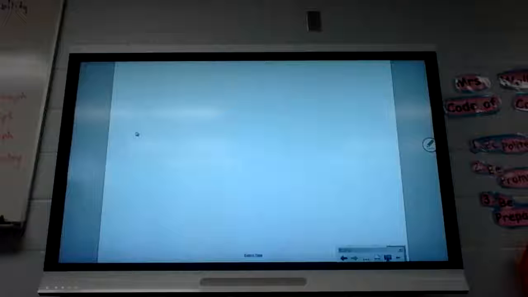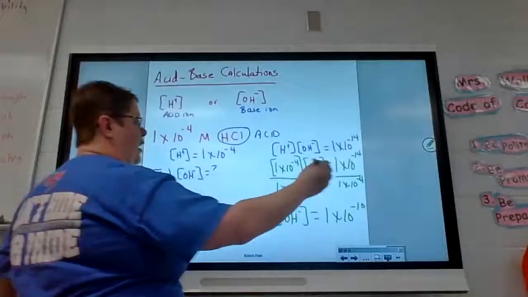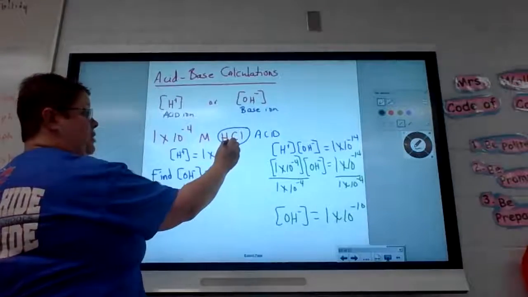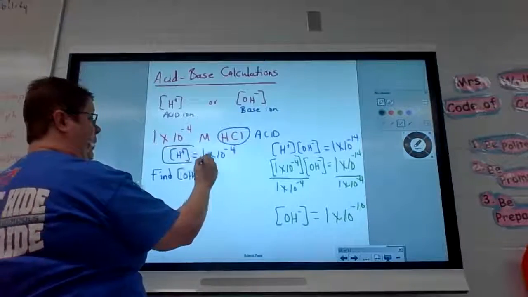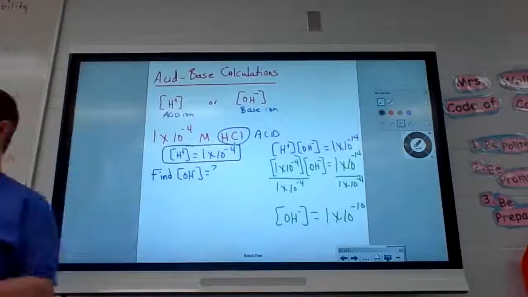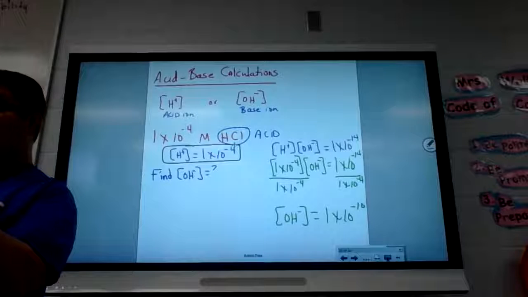Okay, so how did you know how to find OH? Because you knew, let me find a different color, that this was H and this was H plus, and I wanted to find OH. So look, you've got your reference table in front of you. You're looking at all the formulas.